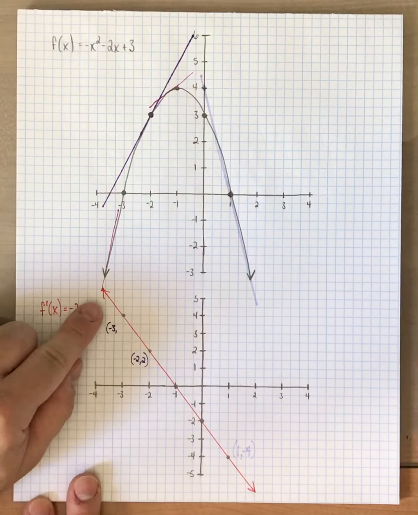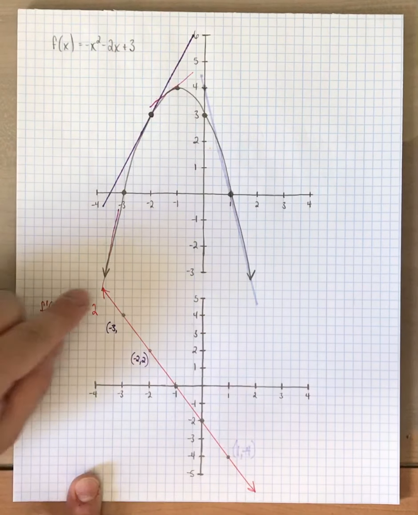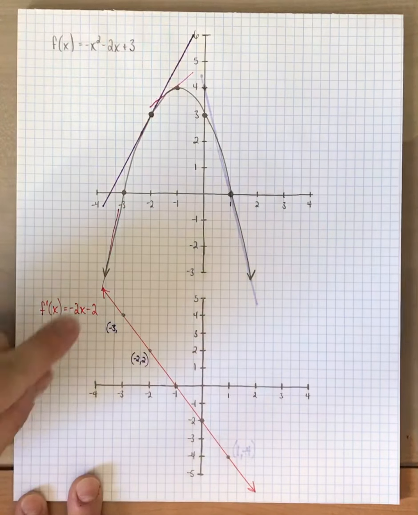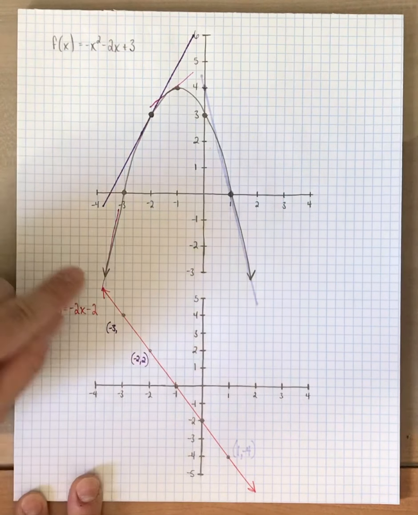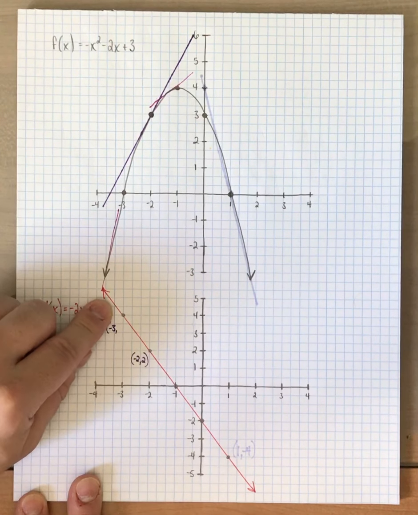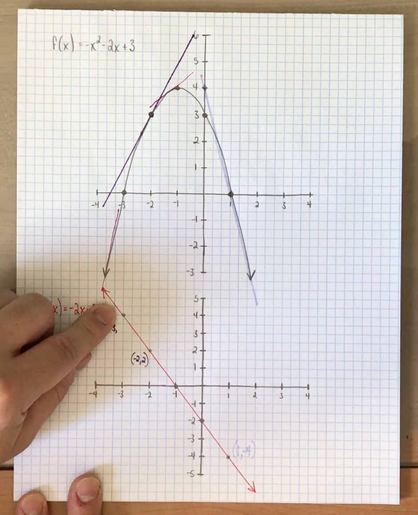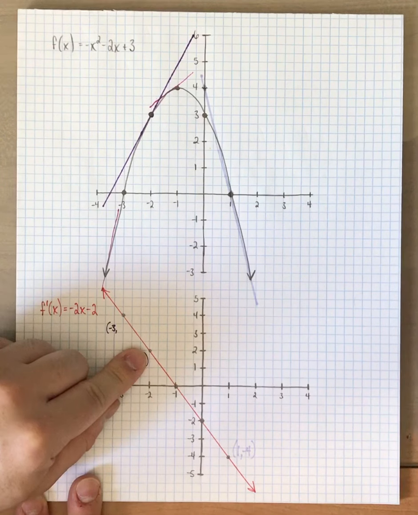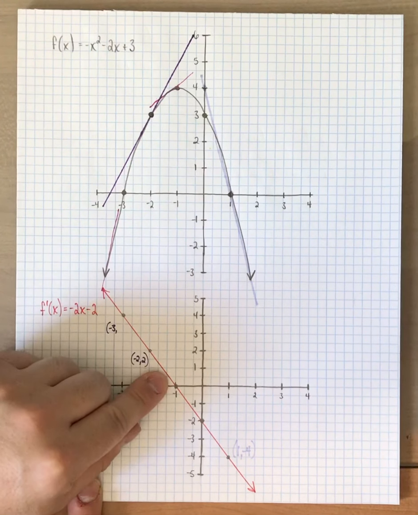If we look at the graph of the derivative function, we see a similar trend, not in tangent lines, but in the output values of the derivative function. We get the largest positive values far to the left of -1. Still positive, but not as large. Still positive, but not as large.